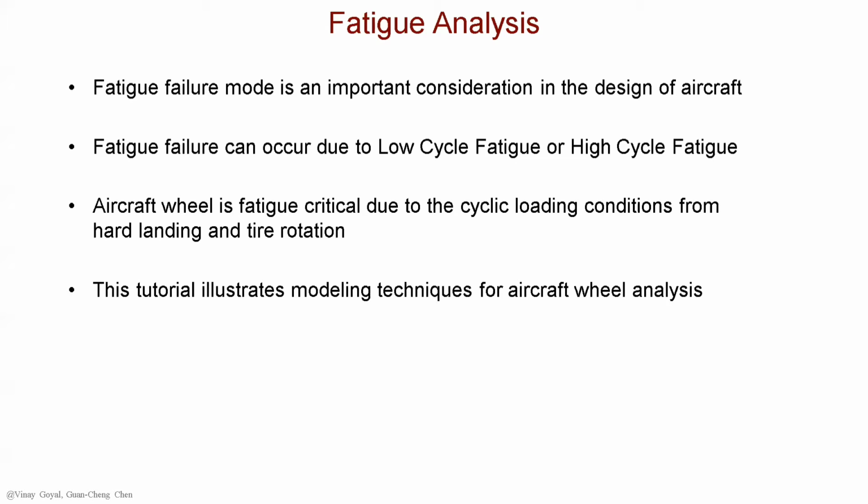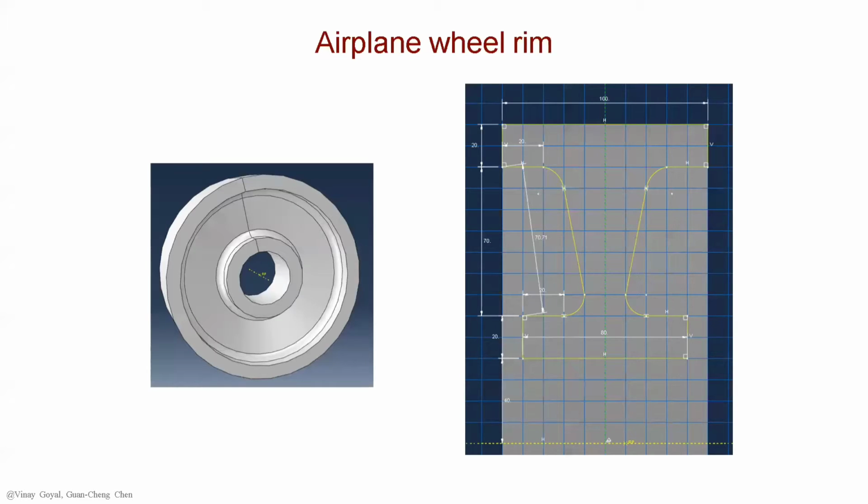And this tutorial will illustrate the modeling techniques for aircraft wheel analysis. And the conditions of the problem that will be discussed in the tutorial are different from what I'm going to discuss here. But what I'm trying to provide you with is a top level view of what we're trying to accomplish.